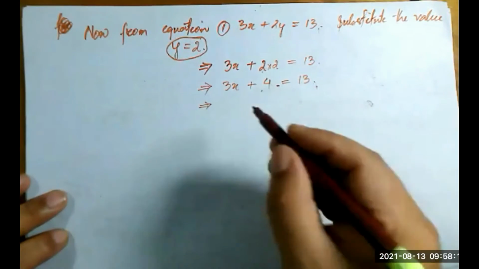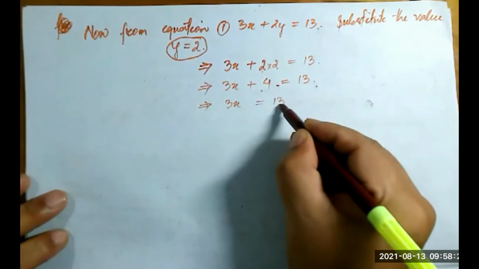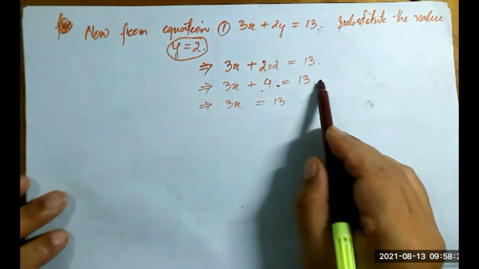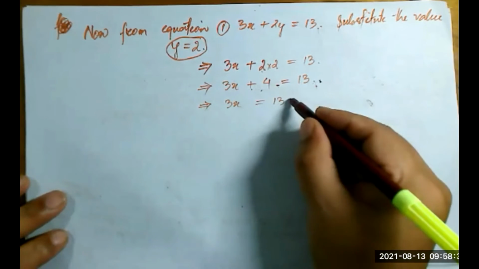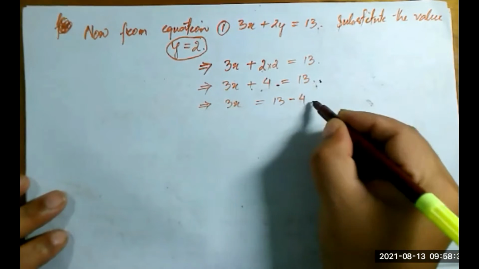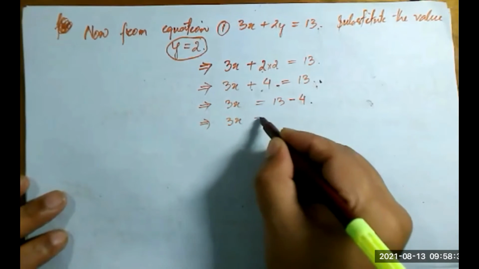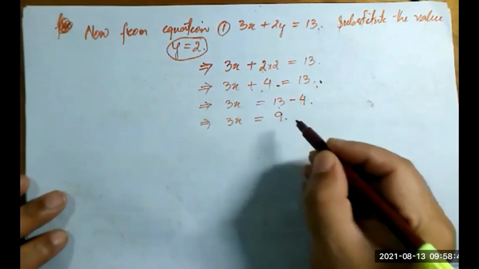Now again solving this one. 3x equals 13, by transposition, this one will become minus, right? 4. Then 3x is equal to 13 minus 4, we will get 9.